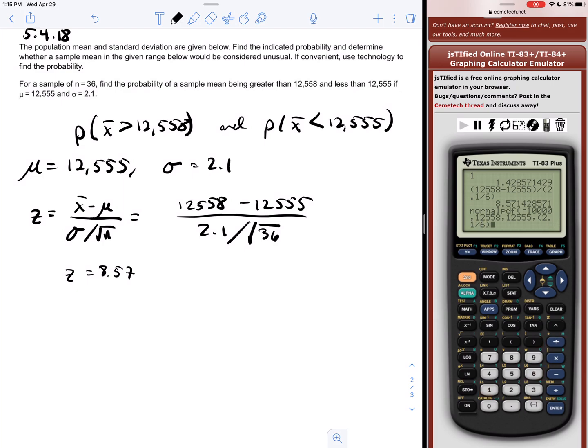And we should get 1. I think 2.1 divided by 6 is the trouble. So let me just do 2.1 divided by 6. It's 0.35, okay? So then let's change this to 0.35. It should work now. Let's see, what else? Oh, there are extra parentheses in here.